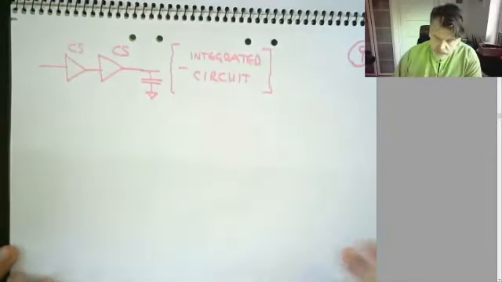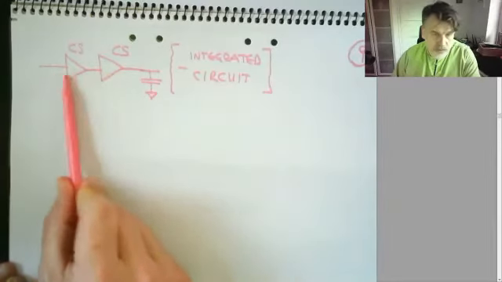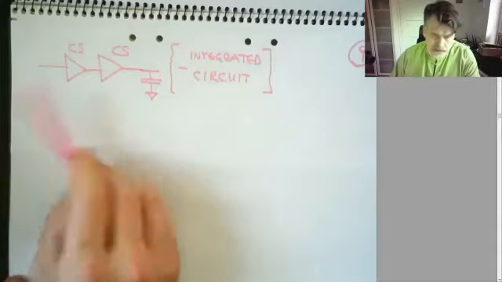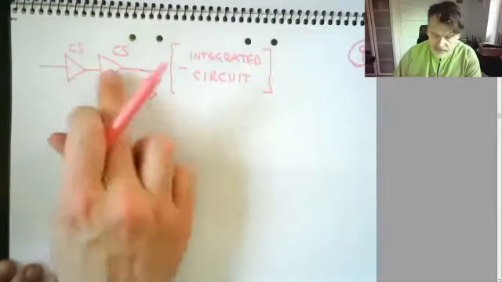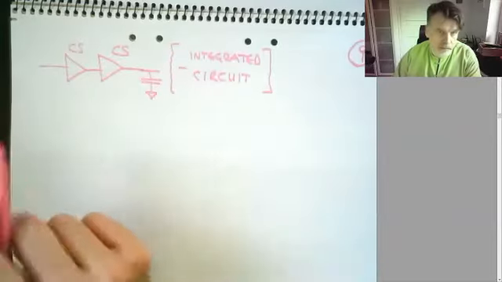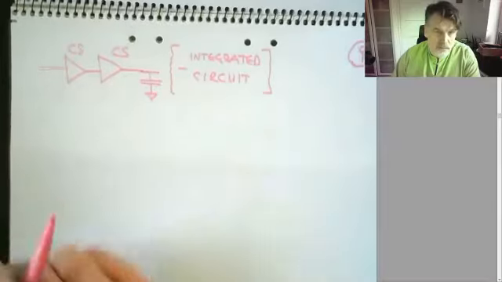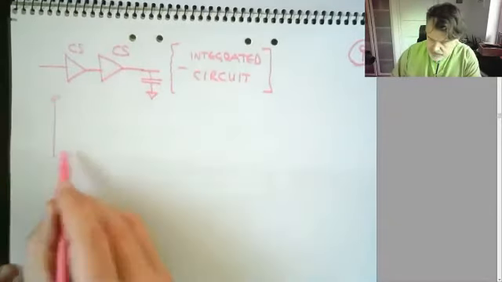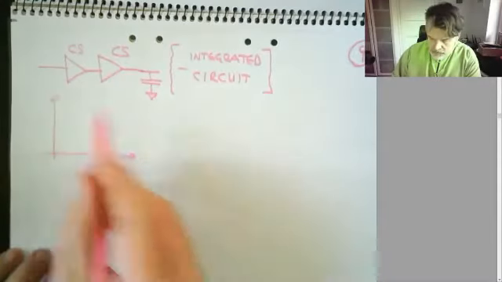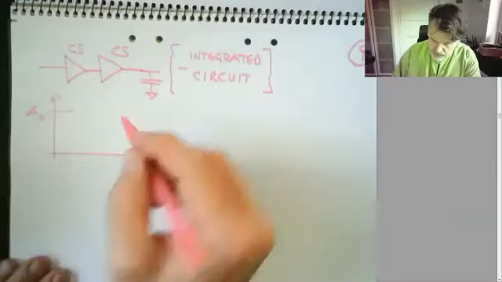It's also likely that the transistors of these common source stages are pretty large because they want to generate the high gain themselves. Even though I cascade them like this in order to increase the gain, they will also have quite high gain themselves. So let's just look at this first stage here. It's probably going to have pretty high gain A0 for the first stage.